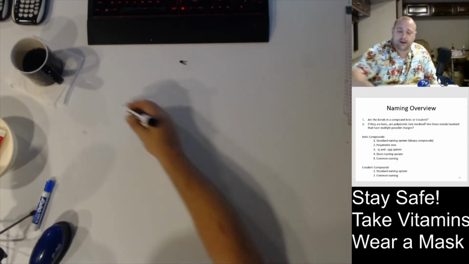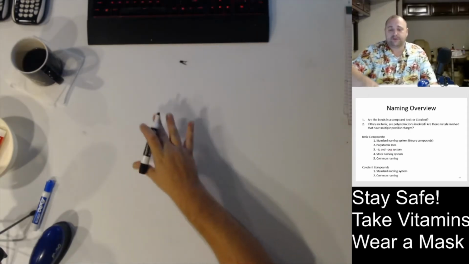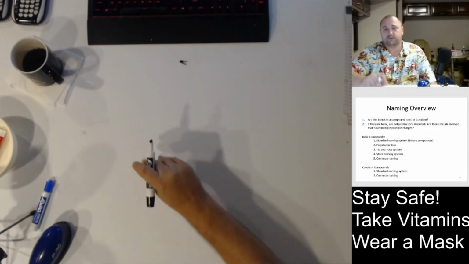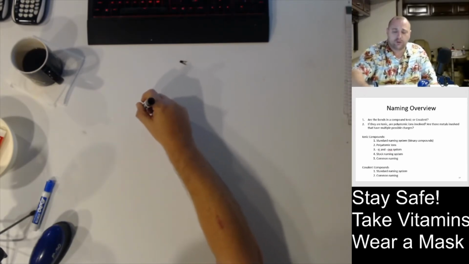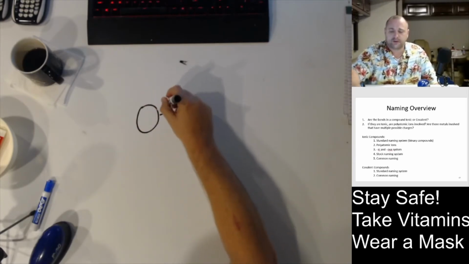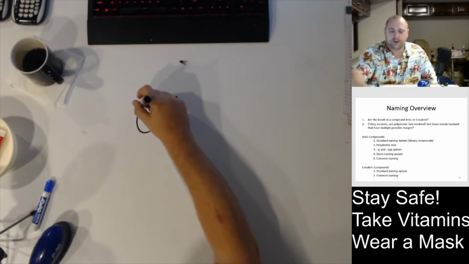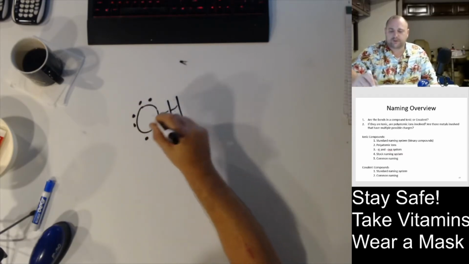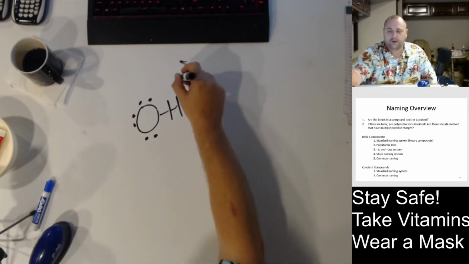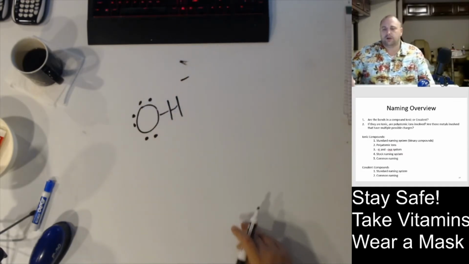So polyatomic ions are a group of atoms that have a charge. And these atoms are, for the most part, held together with covalent bonds. And so we're looking at stuff like an oxygen bonded to a hydrogen. I'm going to go ahead and draw these little pairs. If you've been doing Lewis structures, you'd see this. All right. And the whole thing distributed over, it's picked up an extra charge.